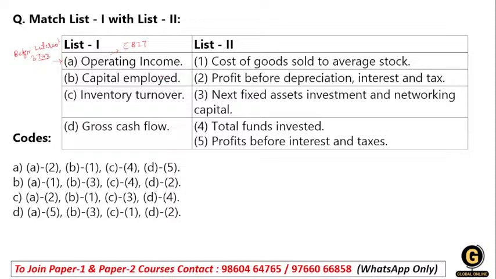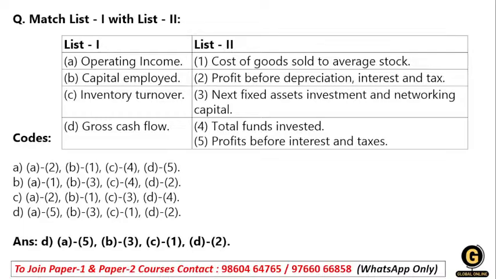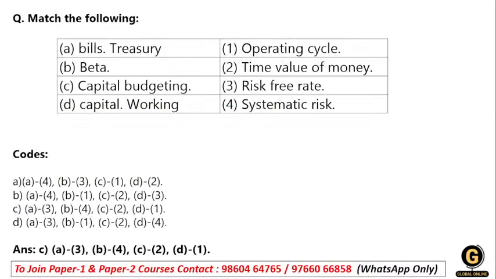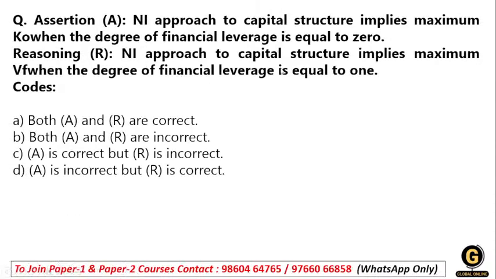So you can match operating income with E, profit before interest and tax, EBIT. So you can match A with the fifth one, and option number D will be the right answer. Most matching pairs are very easy to score.